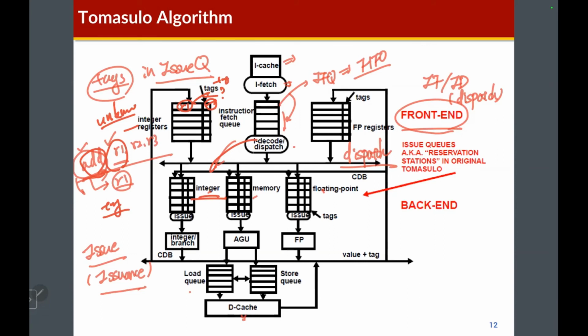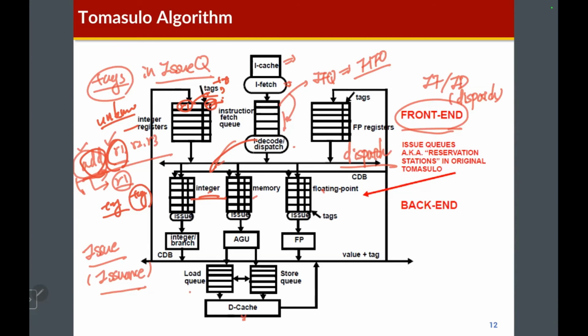It will be updated, but it's not yet fixed, which means R1 will be updated in the future. We don't know yet. So R1 is in the register file, and R1 also has the tag.